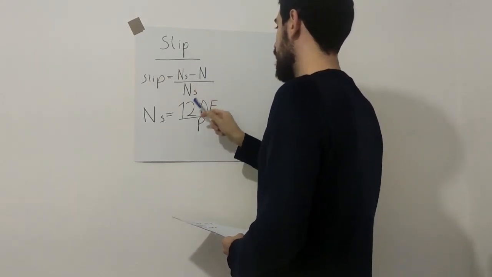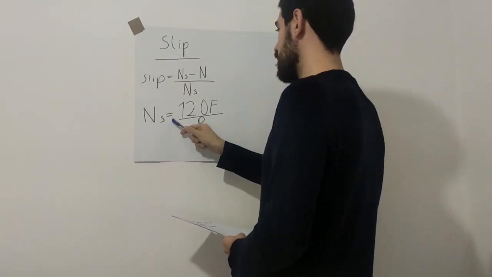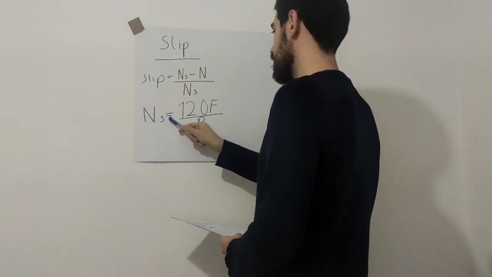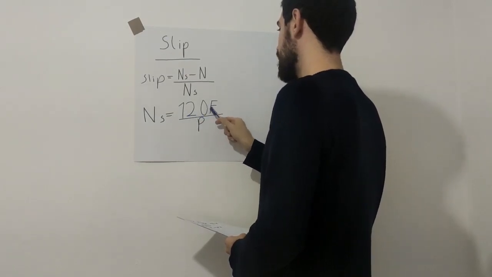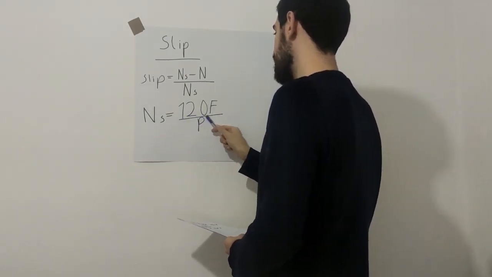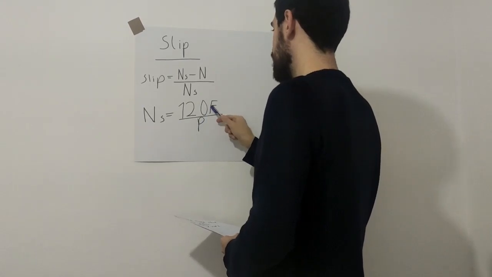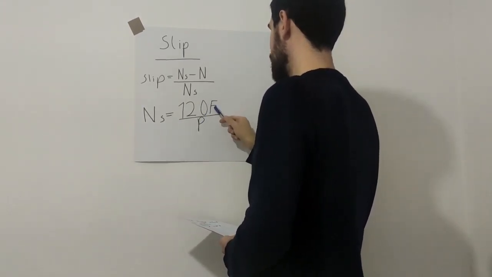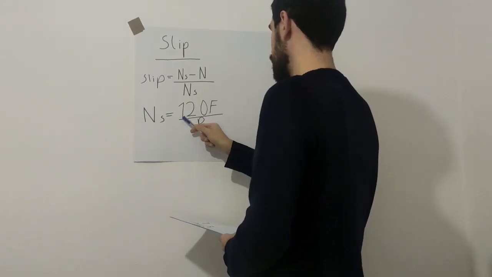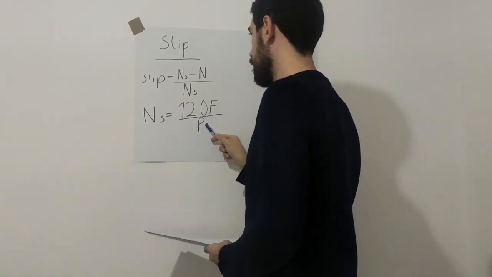For finding ns, we also have one formula. It's ns equals 120 multiplied by f divided by p. f is the supply frequency of our motor and p is the number of poles on the stator.